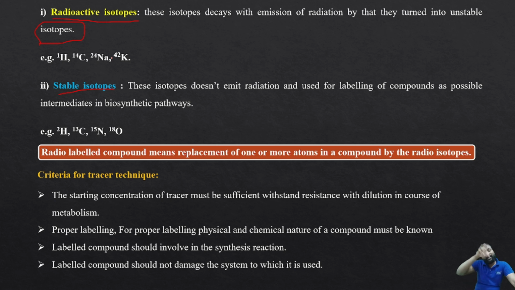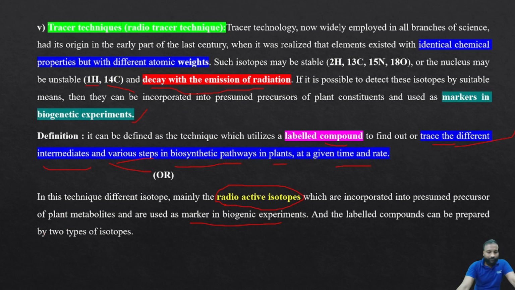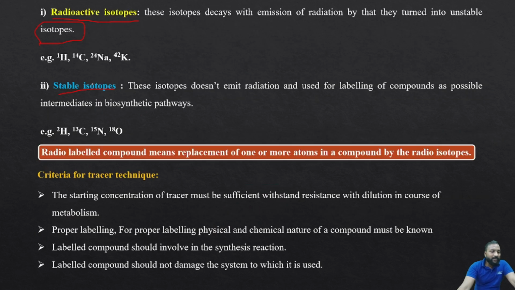That emission of radiation is helpful to investigate and observe the pathway inside the plant, because these unstable isotopes emit radiation throughout the process. Clear? Examples are 3H, 14C, 24Na, and also potassium-42. These are unstable or radioactive isotopes.